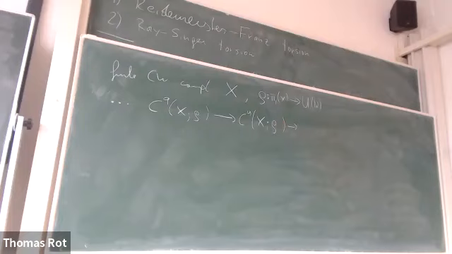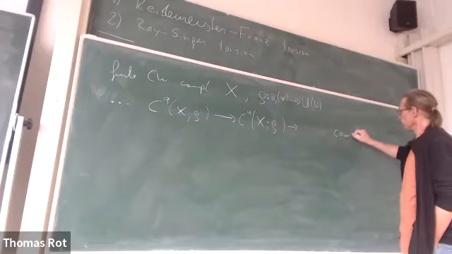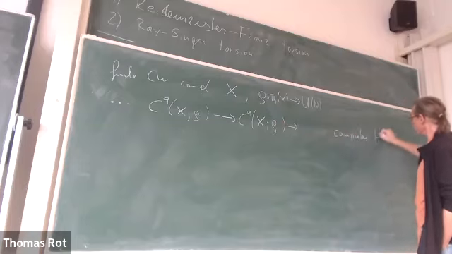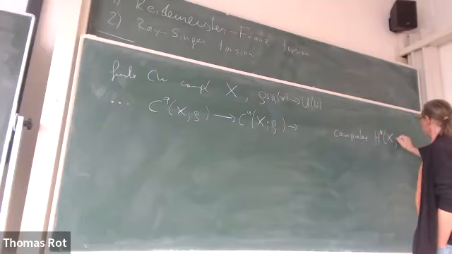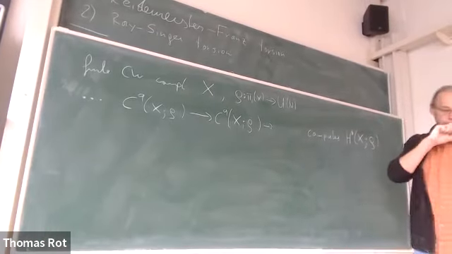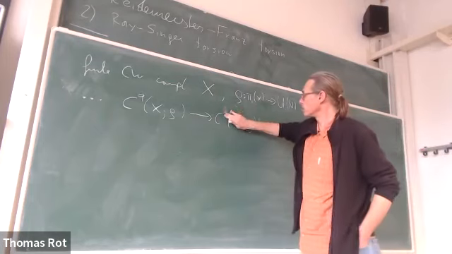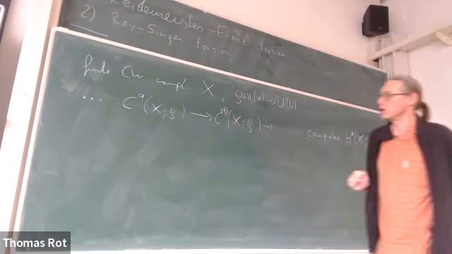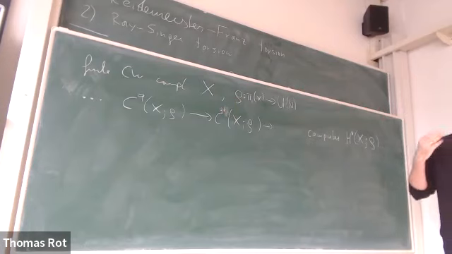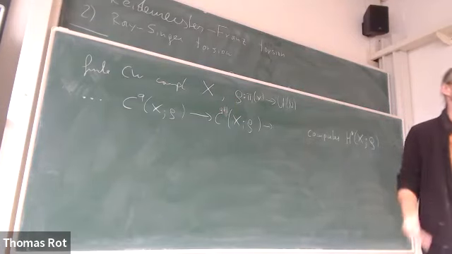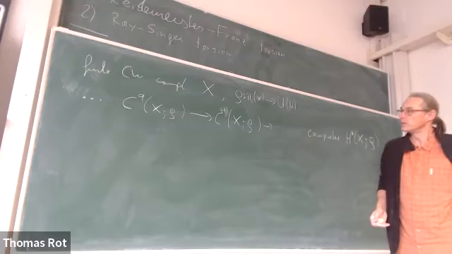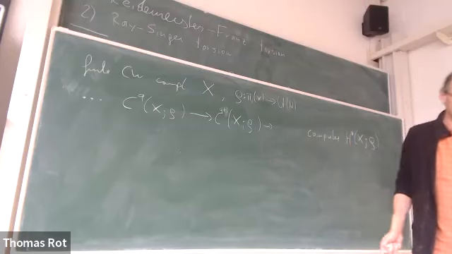The complex of finite dimensional vector spaces computes the cohomology of X with coefficients in this representation. I'm using cohomology because later on it's going to be a de Rham complex and de Rham cohomology, so it's more natural. You don't get anything new in homology.